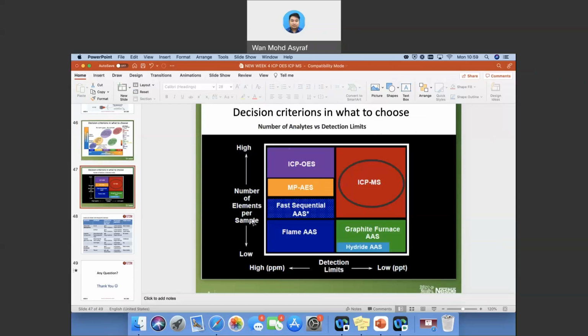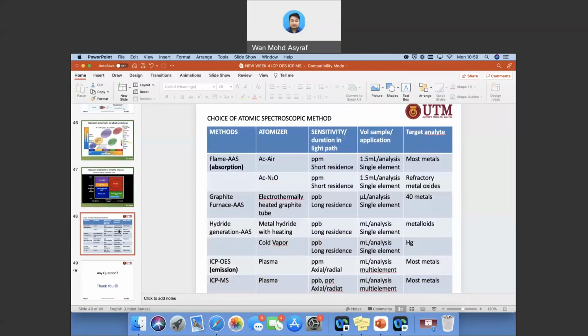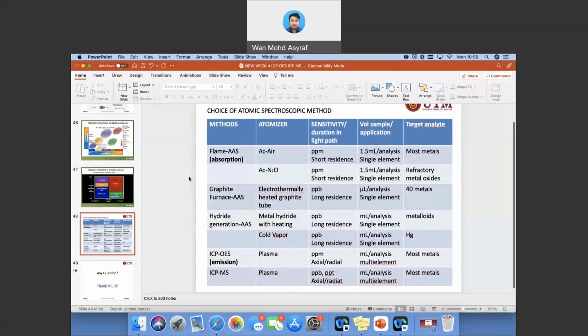All right. This is also another representation of the decision criteria. You may look into it. This is the one I mentioned before, where you need to come up with a table of the different kinds of atomic absorption spectroscopy.